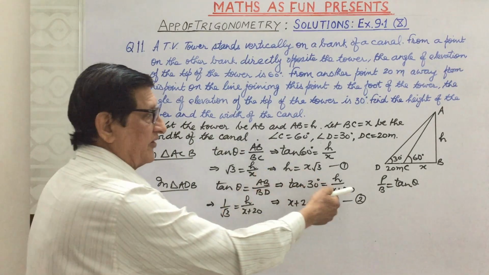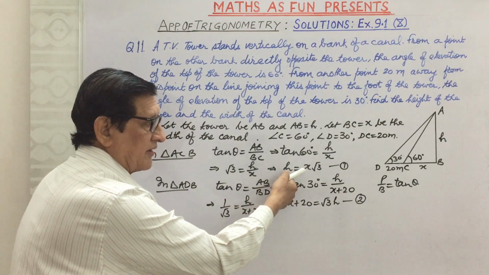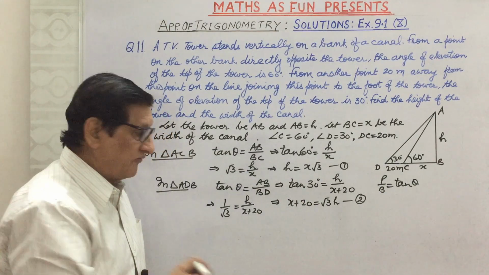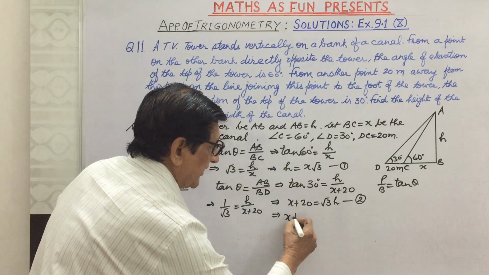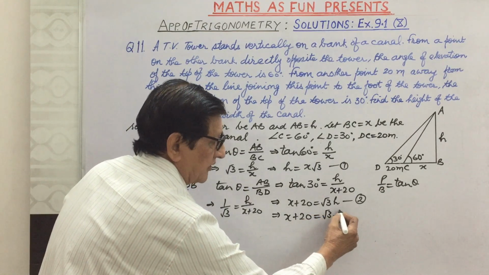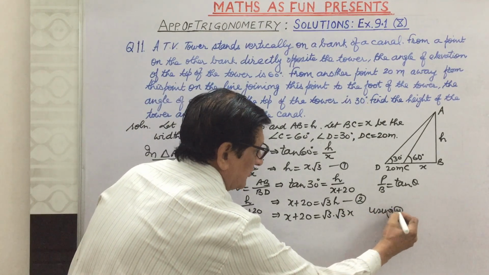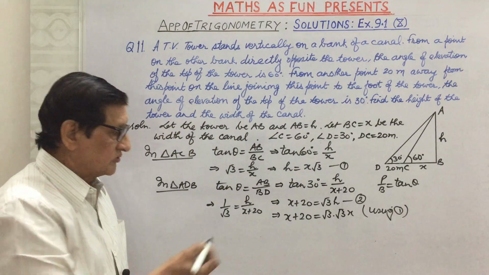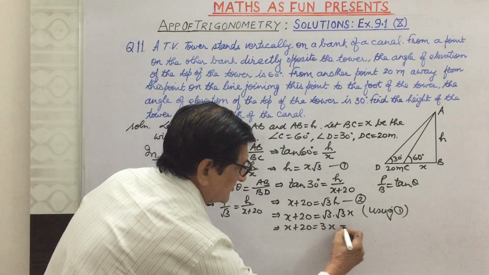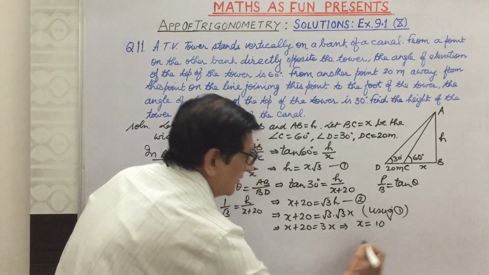We have to find the value of X and H both. From here we can take the value of H, X root 3, and we can substitute it here. If we substitute that, we are getting X plus 20 equal to root 3 into root 3 X. We have used here equation number 1. So we are getting X plus 20 equal to 3X, which gives us the value of X as 10.